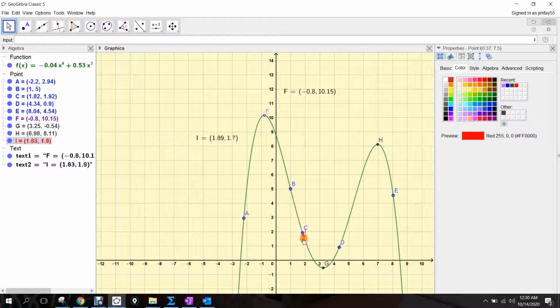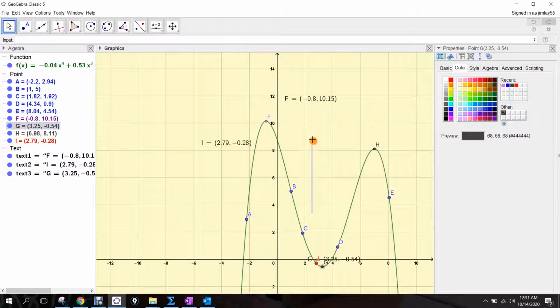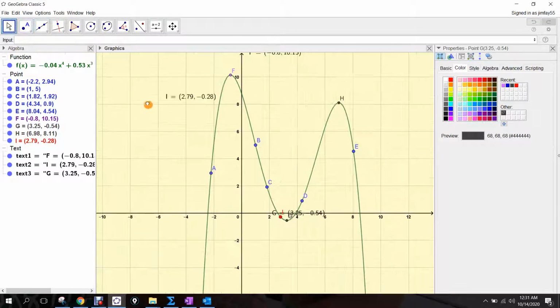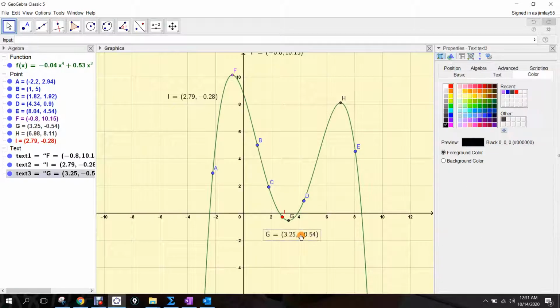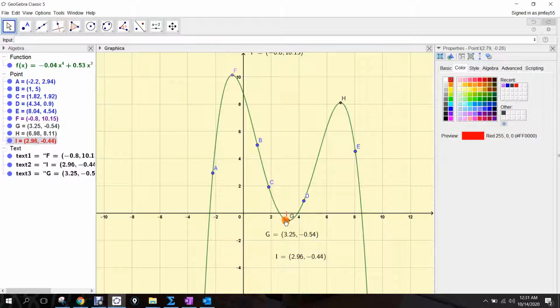Now, if I come over here and look at this value of G, so let's put G down here. Looking at this y value of G and this y value of I, in this neighborhood, I will never have a y value that is less than G. So G must be a local minimum.